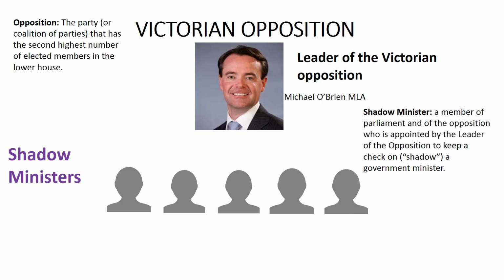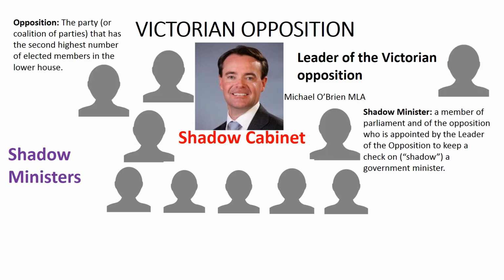Some of those shadow ministers have been given more important responsibilities. For example, we have the shadow treasurer, who's responsible for keeping a check on the Victorian treasurer. The shadow minister for education, who's responsible for keeping a check on the Victorian minister for education. The shadow minister for health, who's responsible for keeping a check on the Victorian minister for health. And these more senior shadow ministers make up the shadow cabinet.